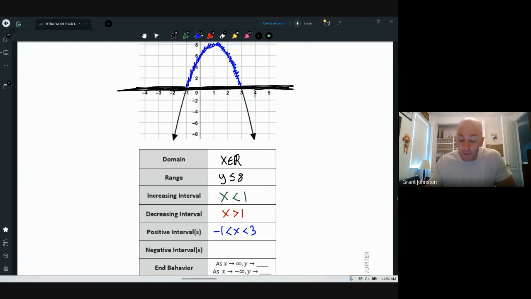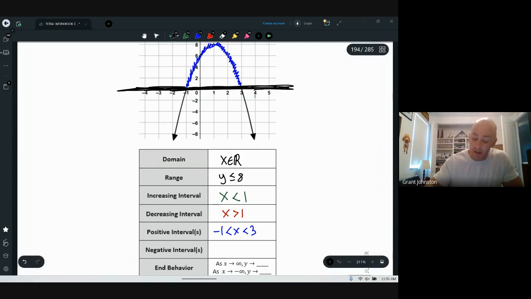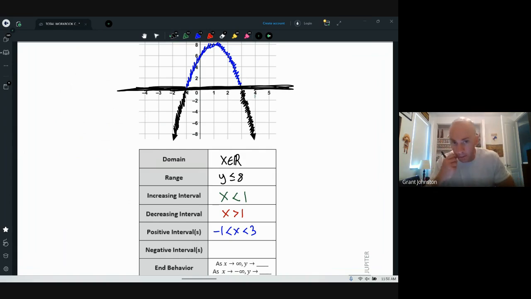Now, the negative interval is when it's below the x-axis. So I'm going to shade it in black. That would be here and here. That's the negative interval. There are actually two of them on this one.